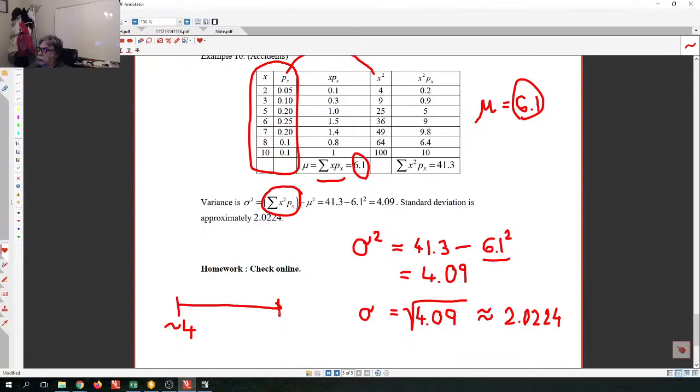And in the middle of the range you have the mean, 6.1, and the upper end of the range is going to be approximately 8.1. Again, I'm not doing any precise calculation here. So this is the range of car accidents you're going to have 2/3 of the time. Okay, that's the idea in a normal distribution.